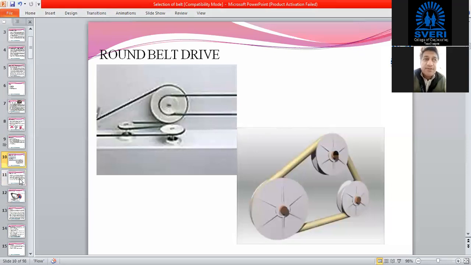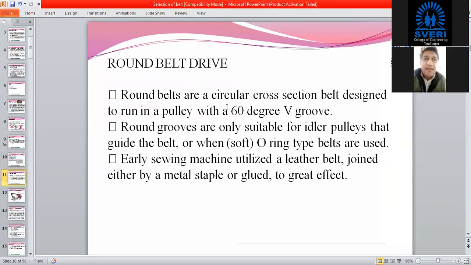Next, these round belts are circular in cross section, as I have already told you. These belts are designed in such a way that they can transmit the power like a rope, but they are closed in nature. For very light applications, this type of belt can be used.